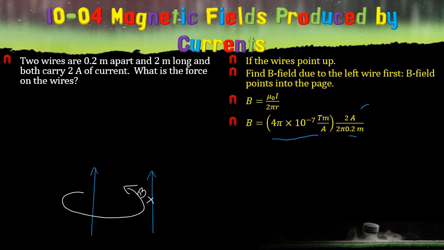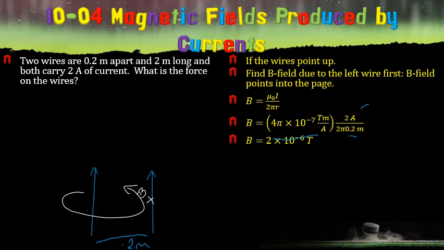So this radius is this distance here between the wires, 0.2 meters, because I want to find the magnetic field at the second wire due to the first wire. Multiply that together, you get 2 times 10 to the negative 6. Yay, so we know the magnetic field right there at the second wire where the X is, 2 times 10 to the negative 6 Tesla.